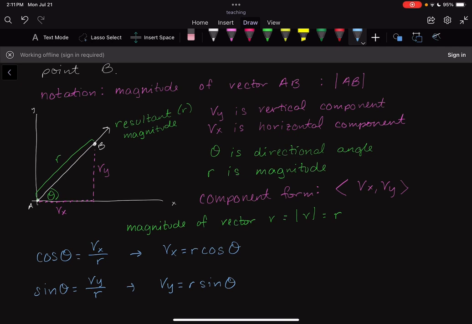Magnitude of a vector, just think about what r is equal to everywhere else. So everywhere else that we've worked with, I bet if you go back and look through your notes, you can find an r equals equation. And it would say r is equal to the square root of x squared plus y squared. Well, instead of that, we're going to call it Vx and Vy.